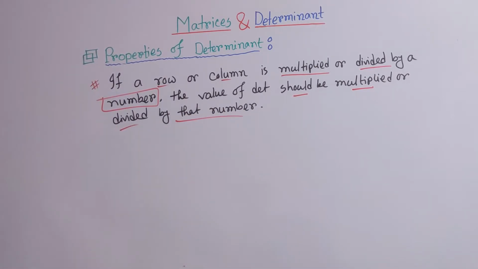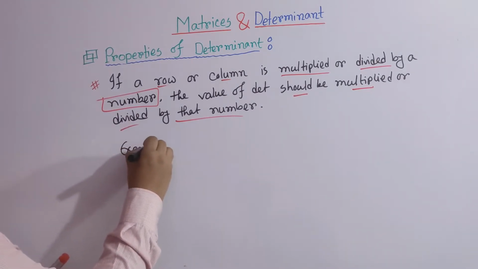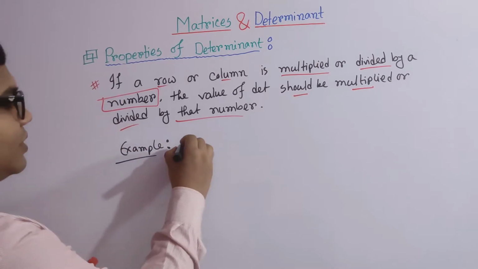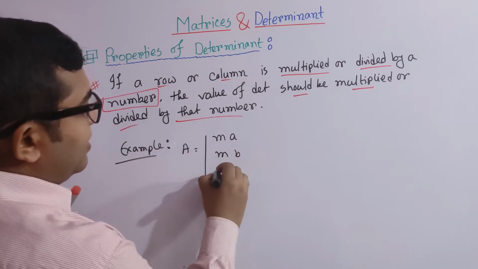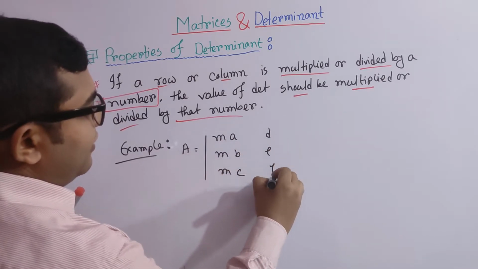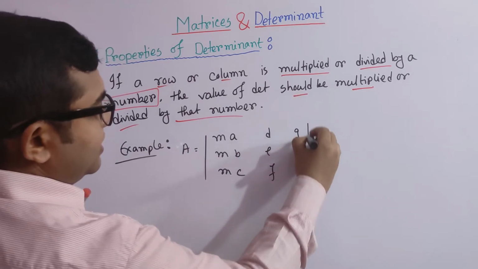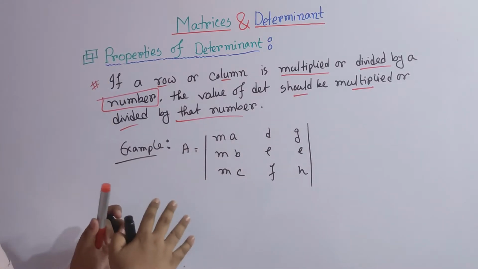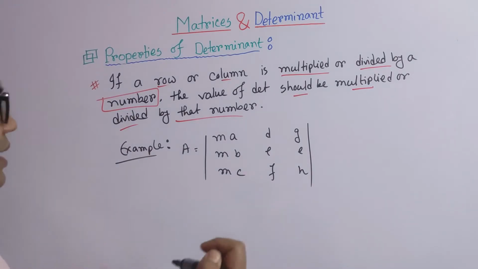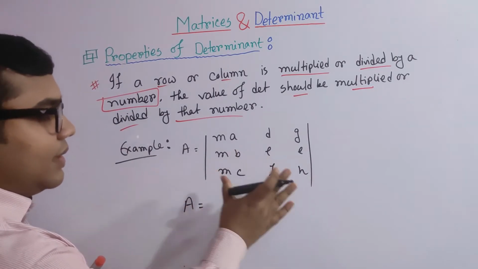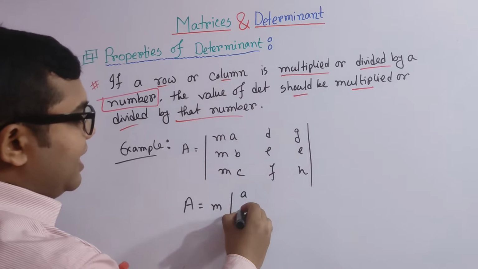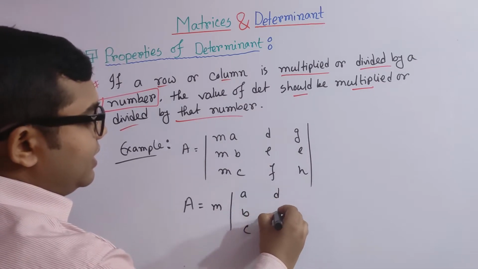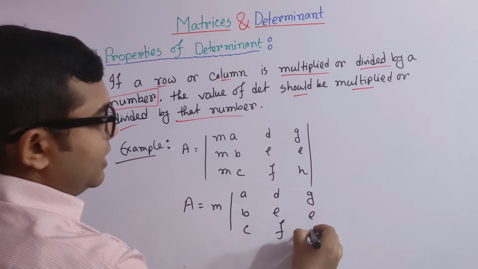What does this rule actually say? Say for example, suppose a determinant looks like this: MA, MB, MC, D, E, F, G, H, I. If any determinant looks like this, then we can say that this determinant can be written as M multiplied with this determinant A, B, C, D, E, F, G, H, I.